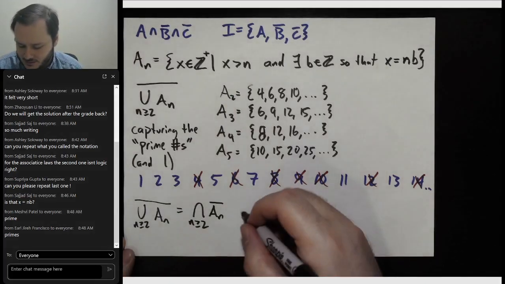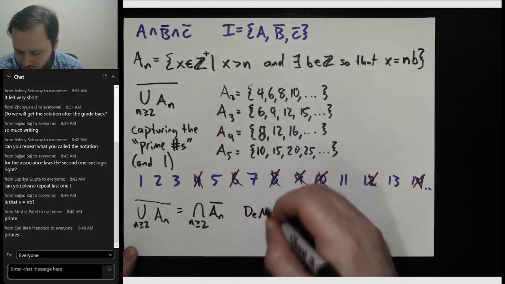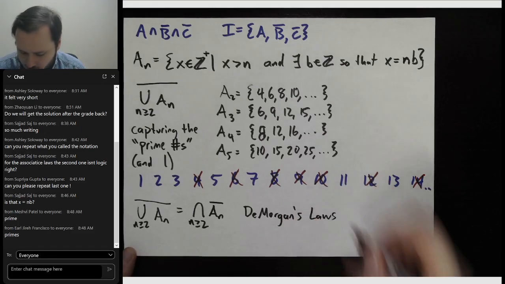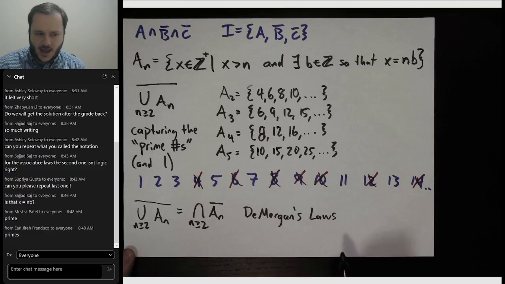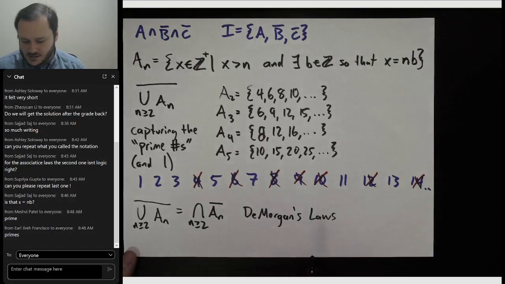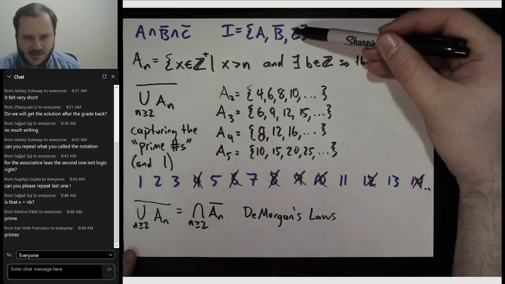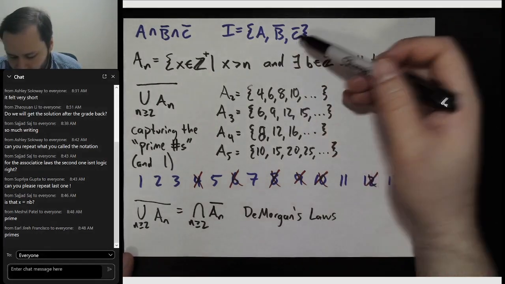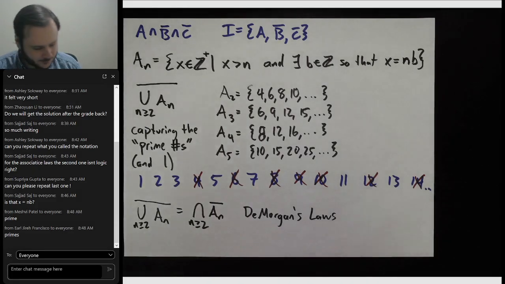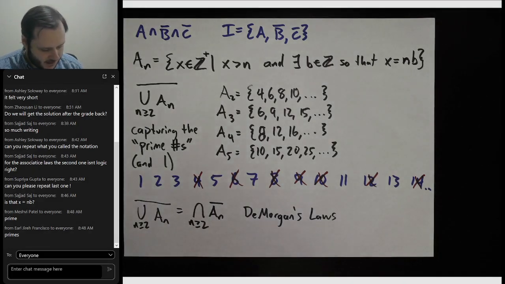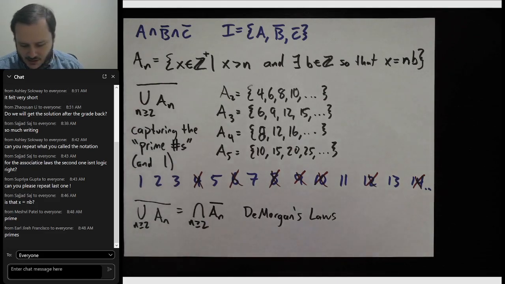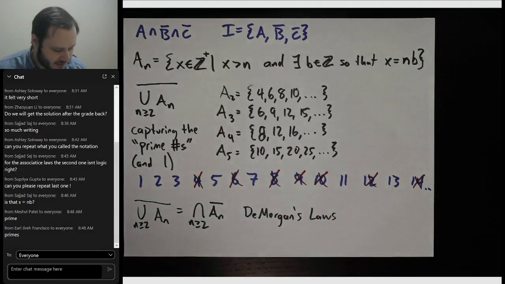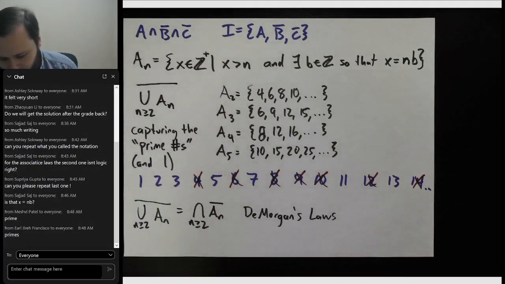This is by De Morgan's laws. That's important to say because we could prove it for finite sets using induction, but once our index set is infinite, we don't actually have a way of proving that right now. But it also lets me transition into talking about our next topic, which is divisibility and prime numbers.